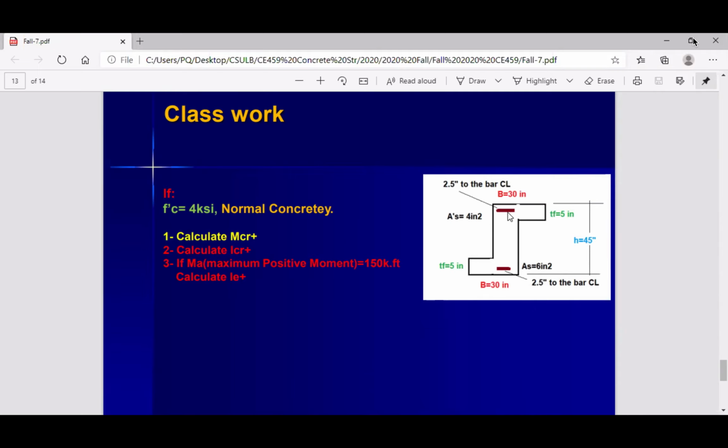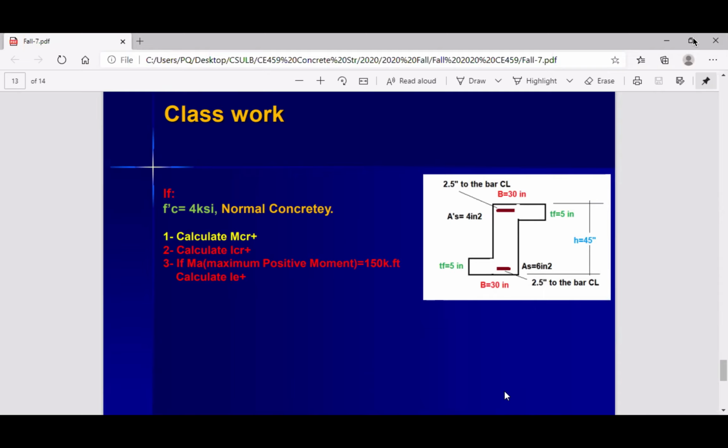What does it mean? Compression bar on top. It means that this one is for positive moment or negative moment? Negative moment. Look at it. Negative means tension on top or compression on top?